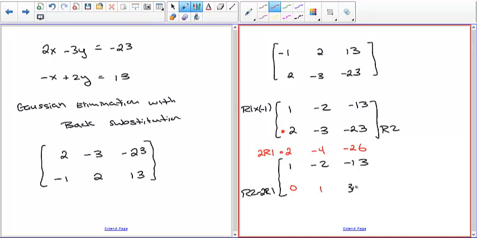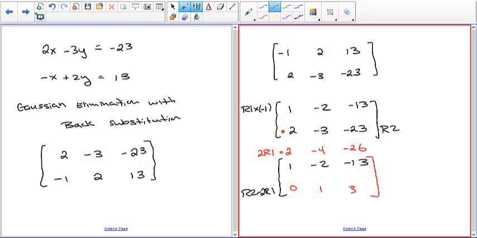So now, if this had not been a 1, then I would have just divided the second row by whatever this coefficient was to make it a 1. So if this was like 3 and 6, I would divide both of them by 3 to get 1 and 2. But in this case, it ended up being a 1 just because of this particular row operation.